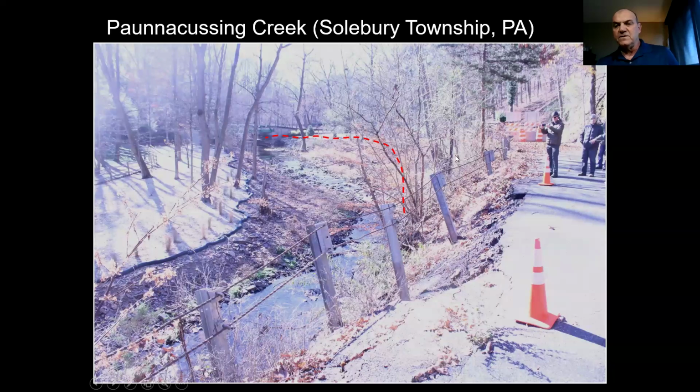And in this case, that resulted in erosion into the road and closure of the road as a result. And the river flows along the road for 2 miles along here, and the only place we had a problem is where the channel had been artificially manipulated and created this sharp attack angle.